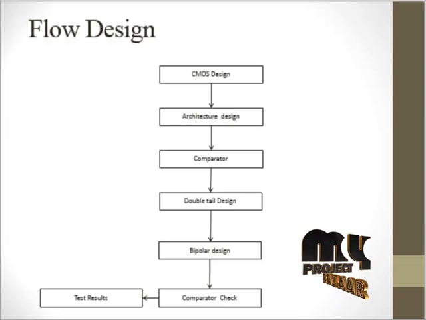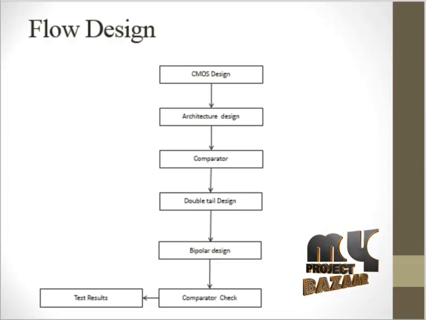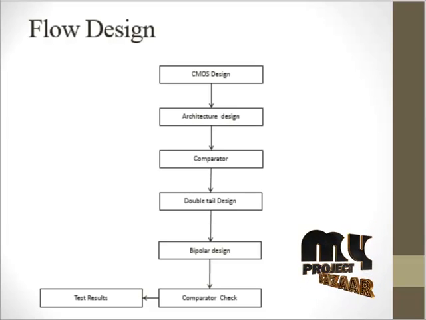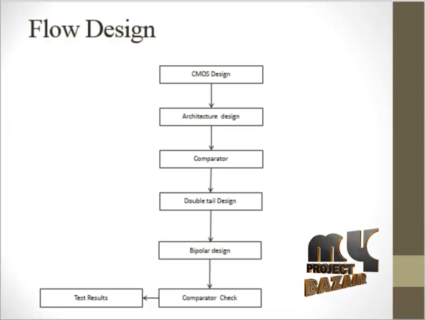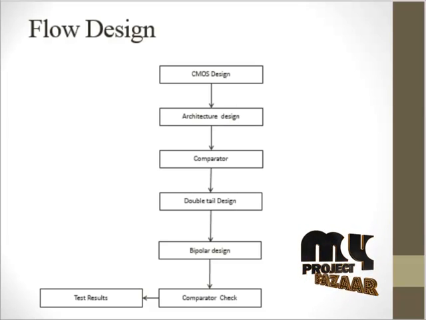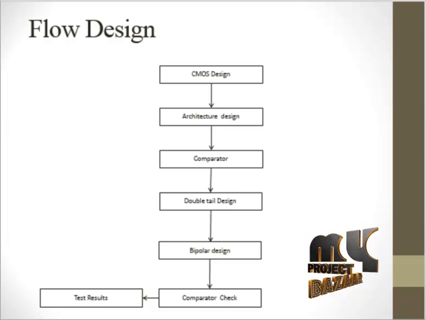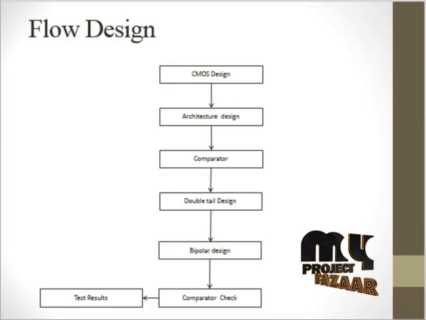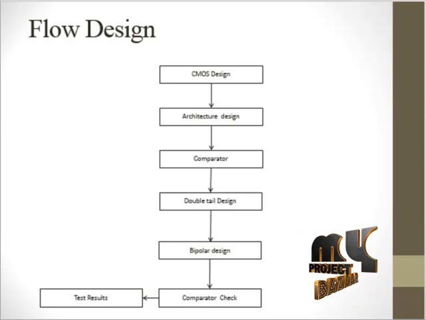We get the output dynamically as we change the inputs, A greater than B and A less than B. This process gives the sampling output in the double tail dynamic design and the bipolar design. In the bipolar design we give a single input and get a single output. We check the comparison for each and every bit, pulse and voltage, and then we get the output from the comparison process.